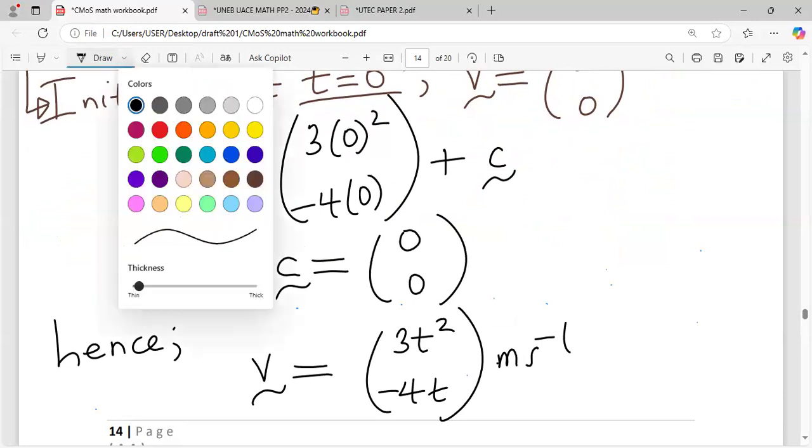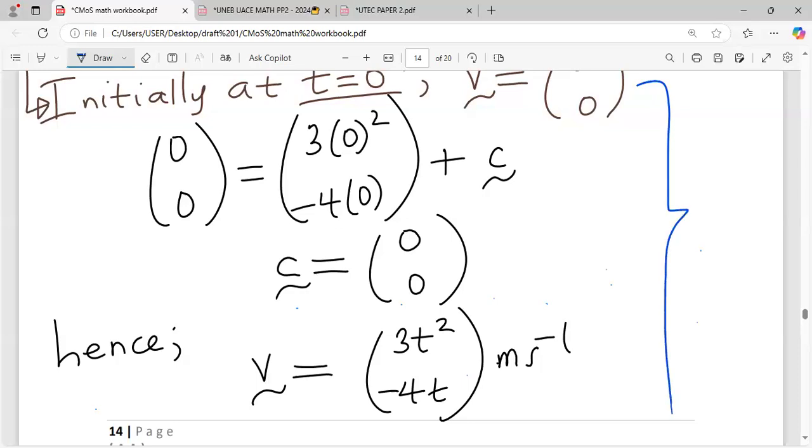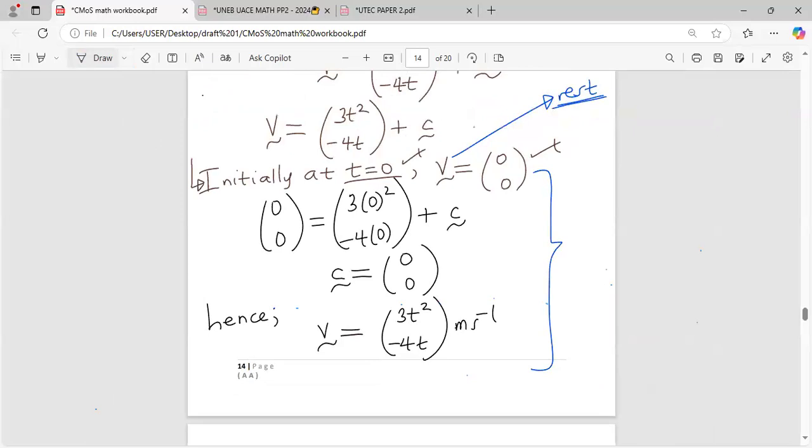This math is very important and many people miss it. And after missing that math, that's how they lose most of the marks. From setting those initial conditions, you get the value of the arbitrary constant, which is a vector. Then you conclude with the correct value of velocity.